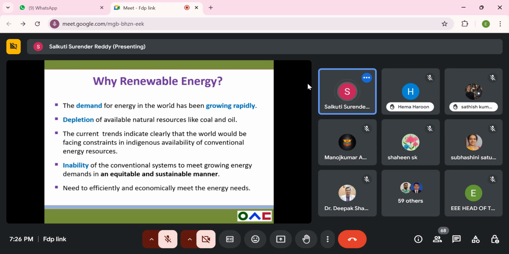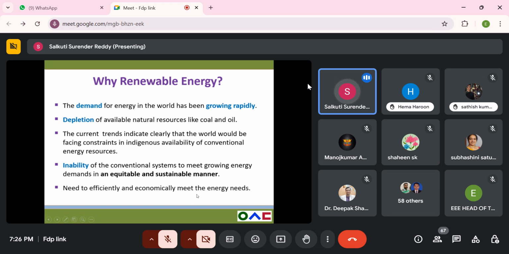So let's see why we need renewable energy. This is a basic question. We all know that the demand is increasing rapidly, and natural sources like oil and coal are depleting very fast. So we need to meet this demand in an equitable and sustainable manner.